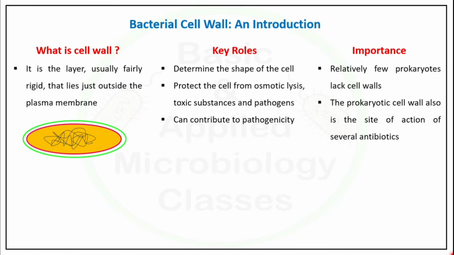You should know that many antibiotics have the cell wall as their only site of action. These antibiotics are penicillins, vancomycin, cephalosporins. They are well known to act only on the cell wall of bacteria. Once they act on the cell wall, the cell wall will be damaged and the bacteria will be killed. So this highlights the importance of the prokaryotic, or bacterial, cell wall.